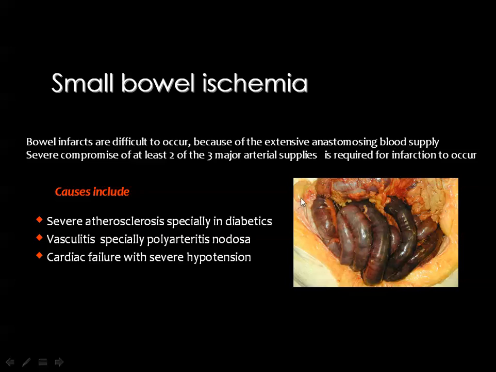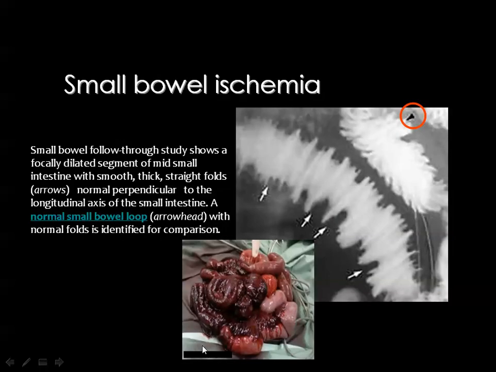And if there is severe compromise of two of the three major arterial supplies, then ischemia and gangrene may result. This may be due to severe arteriosclerosis, as in cases in diabetics, and vasculitis, especially cases of polyarteritis nodosa, and severe hypotensive attacks due to cardiac failure.